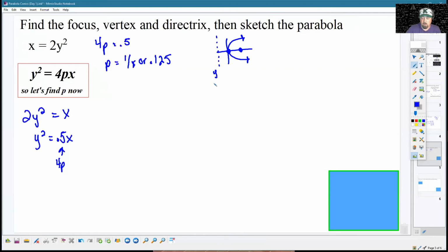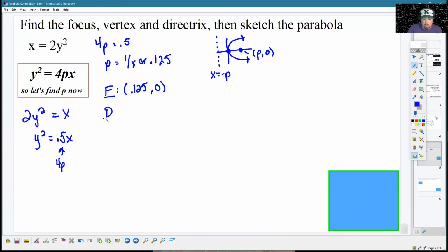So it's not going to be a y anymore, I'm sorry. That's going to be an x, because we went through the x-axis. The focus is at p, 0, since we're on the x-axis. So based on what we found for p, our focus point is 0.125, 0, which makes sense because it puts it over here to the right.